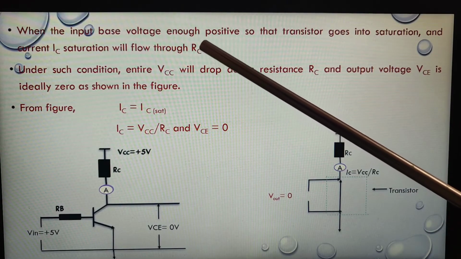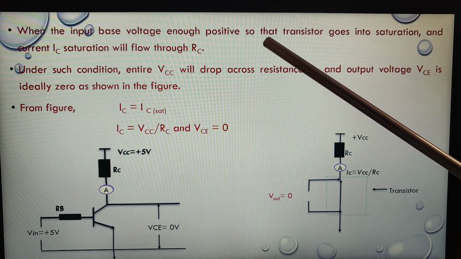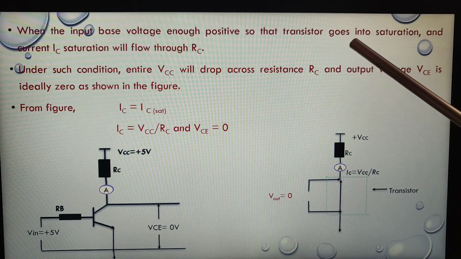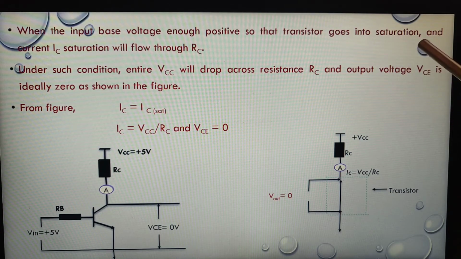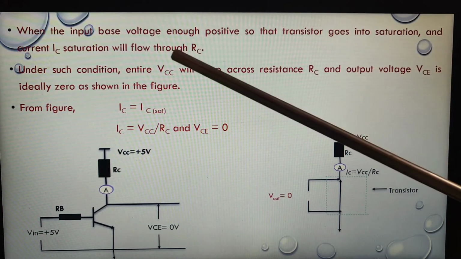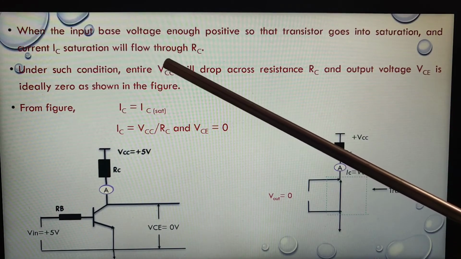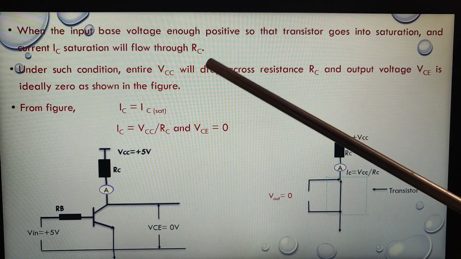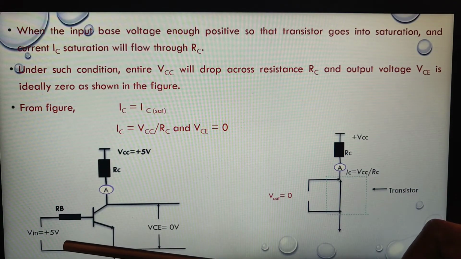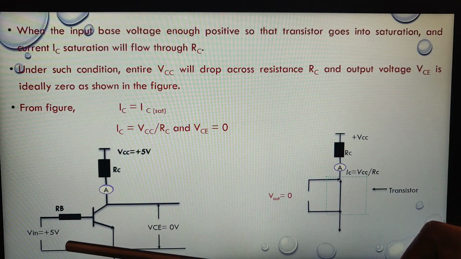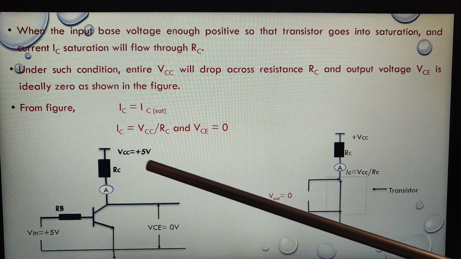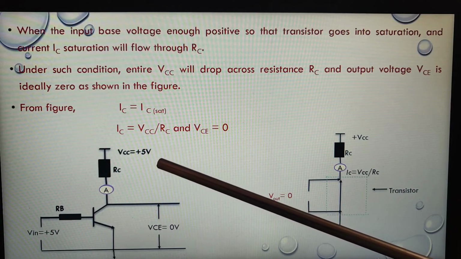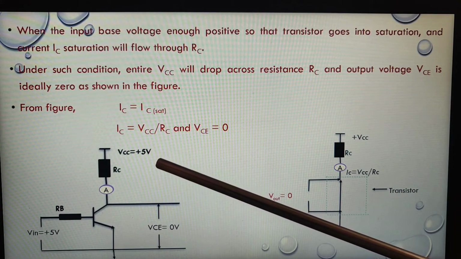When the input base voltage is enough positive, the transistor goes into saturation and current IC saturation will flow through resistor RC, right? So here we have applied input voltage equal to plus 5 volt, and here plus VCC is also equal to 5 volt.